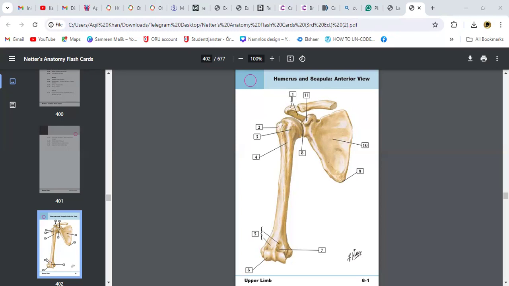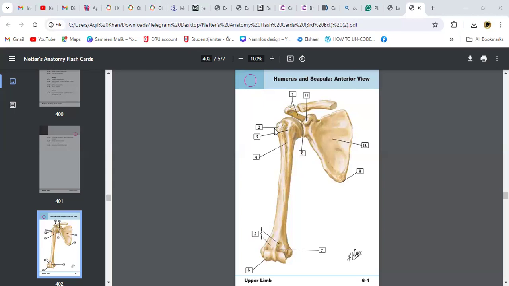Number one, you can see it's pointing at these two arrows. As a whole, this is the acromion. Number two, you could see here, it's the greater tubercle of the humerus. What are the structures which are attached at the greater tubercle?